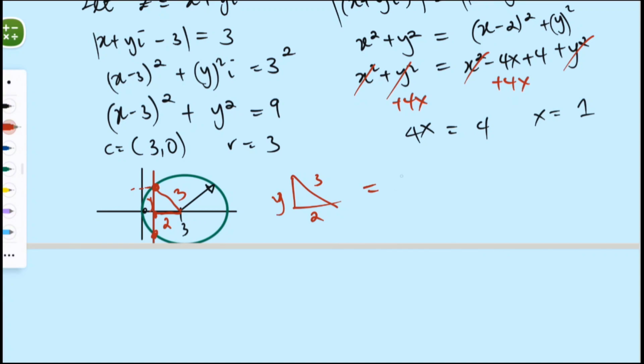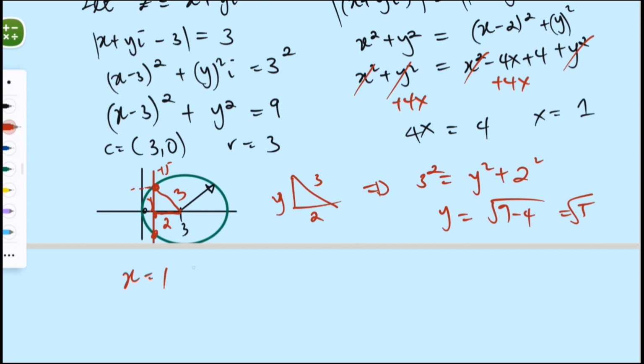Pythagoras is our best friend, so 3² = y² + 2², y = √(9 - 4) = √5. So the y coordinate here would be positive √5. When x is 1, we have two values, positive and negative √5. That gives us (1, √5) and (1, -√5).